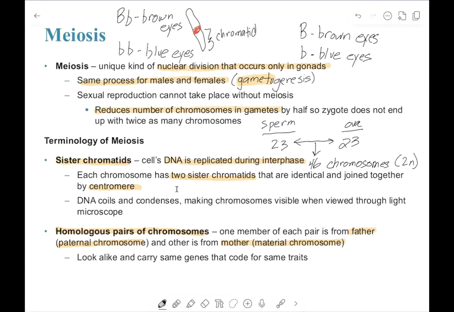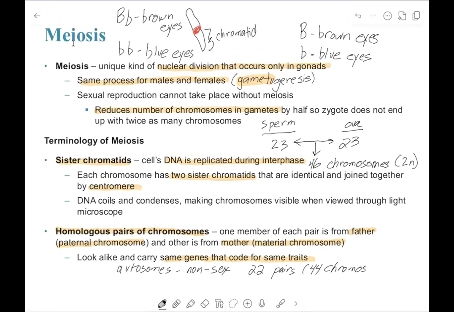This is also represented on sex chromosomes. I'm sure you've heard of sex-linked traits, and these sex-linked traits are going to be associated with either the X or the Y. So we have autosomes, and those autosomes are non-sex chromosomes. There would be 22 pairs, which would be 44 chromosomes.